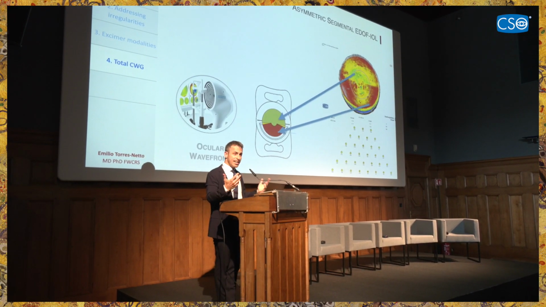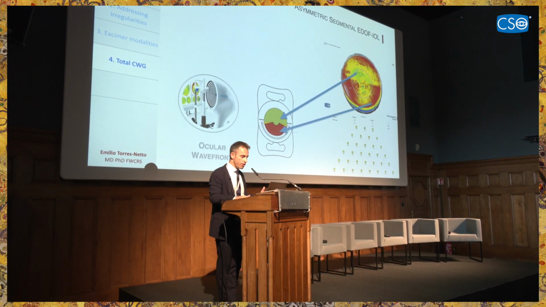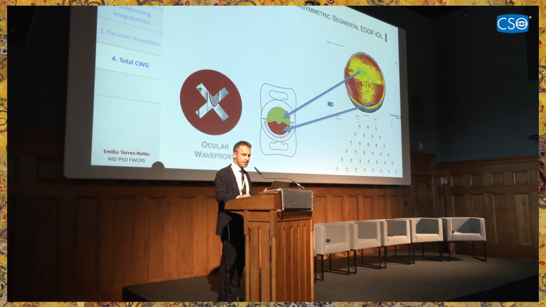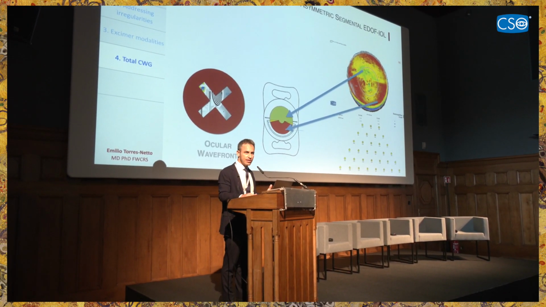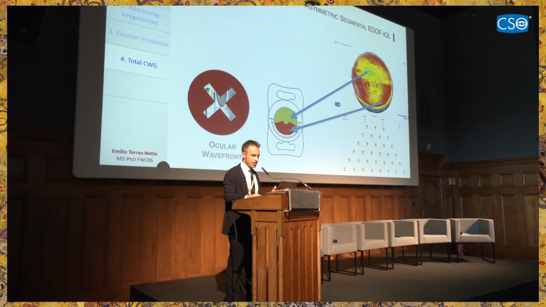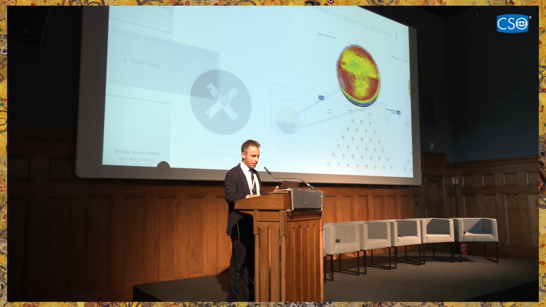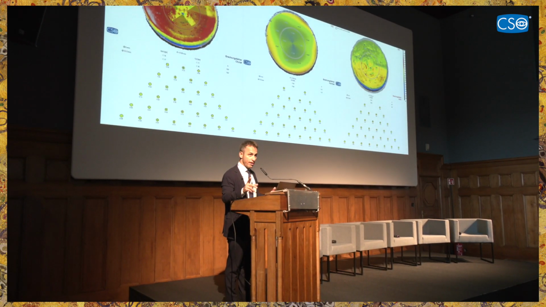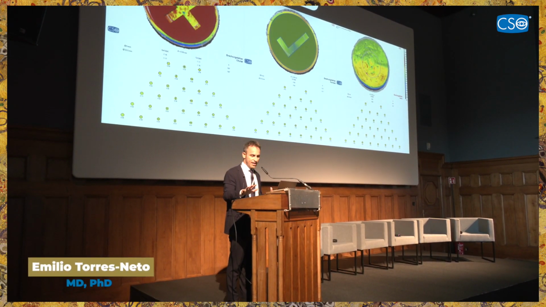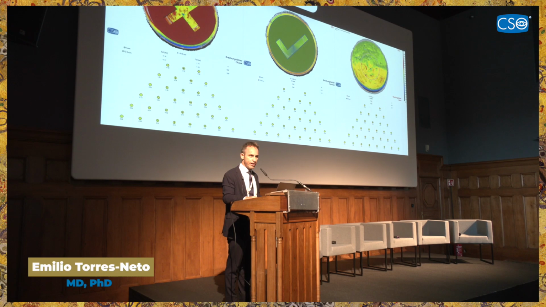If the patient had some corneal irregularity, we would rather not correct the ocular wavefront, otherwise we would also be correcting the internal aberrations. So that's a good example of how the total corneal wavefront can be very helpful in those cases in which we want to keep the aberration as it is and just improve the irregularities on the cornea.